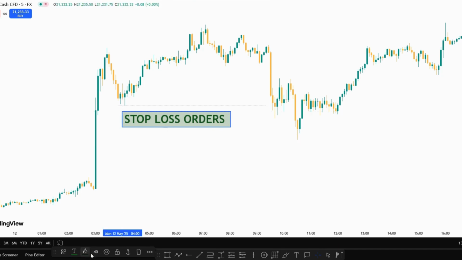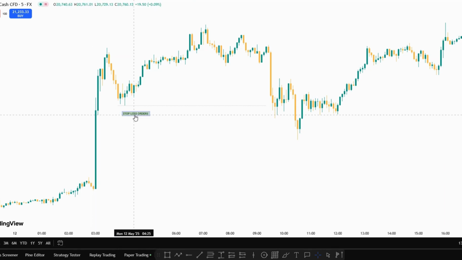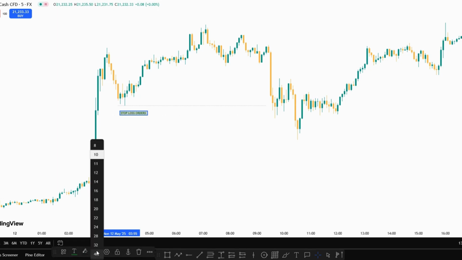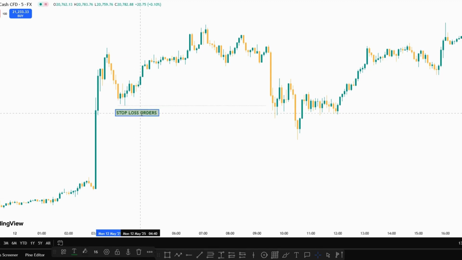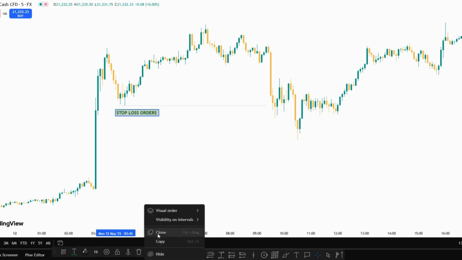Stop loss orders at that low. So let me just make that a bit bigger. Right, so there was stop loss orders sitting at this low and also at this high in price.